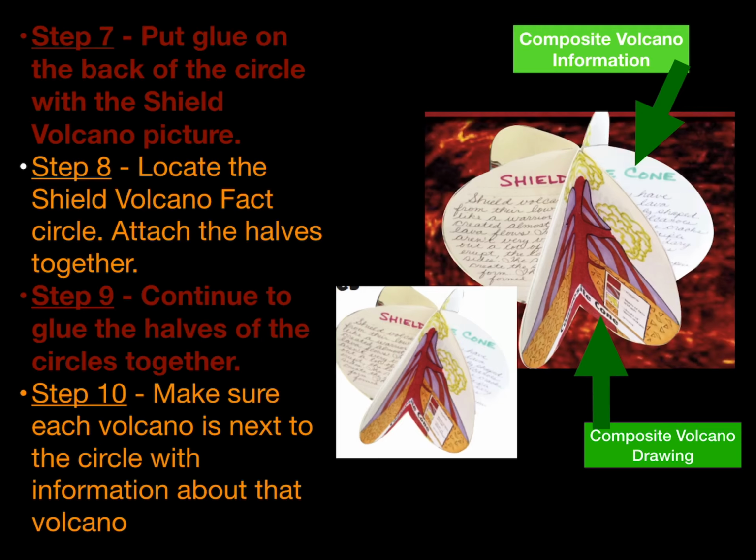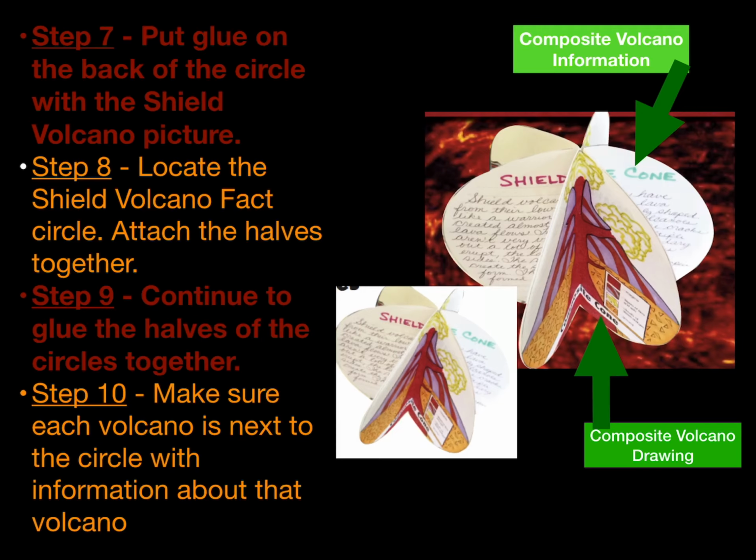Now, what I want you to think about is step 10. It says, make sure that each volcano is next to the circle with information about that volcano. So the green arrows here, if you notice this section that's visible with the first green arrow at the bottom, that is the picture of the composite volcano.